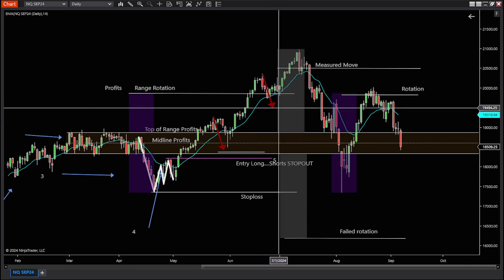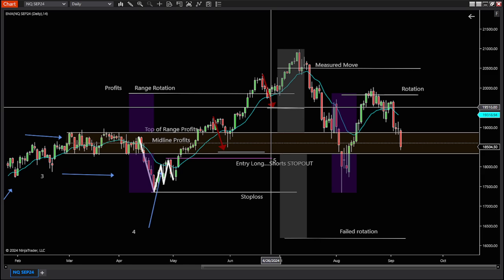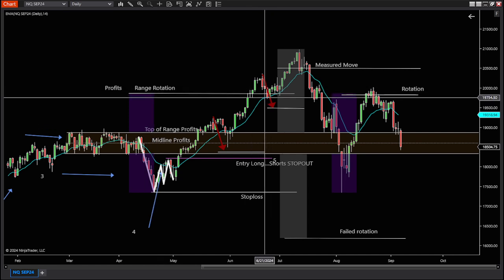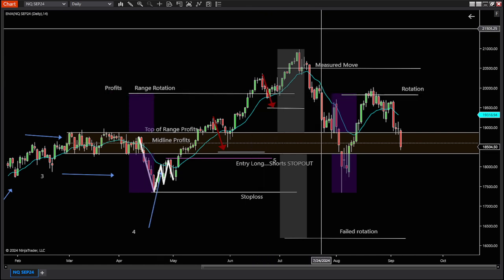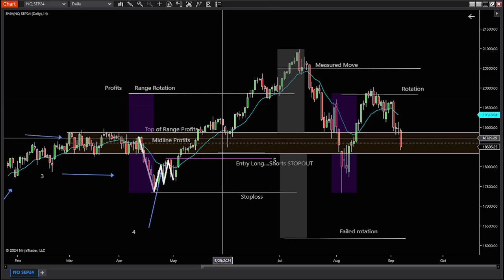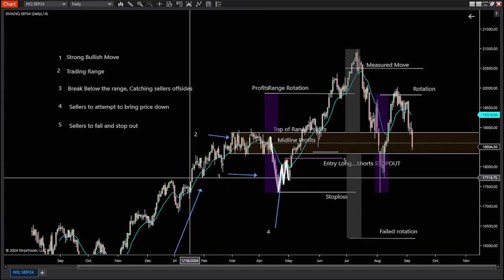Here's a potential retracement. Didn't fully get it, but that would have been a potential retracement right there. So I would have looked somewhere, this would have been a great area to look for buying. But we didn't quite get it because we had our rotational swing that we broke below and then held and then continued, right?